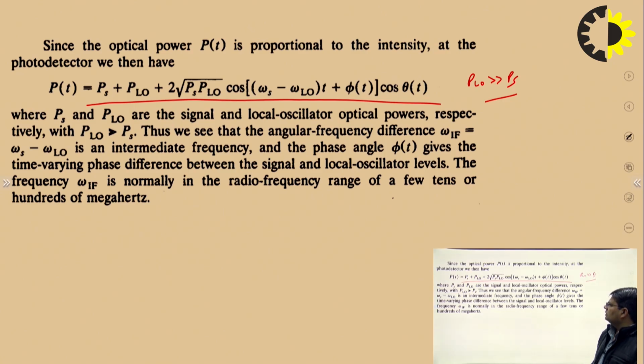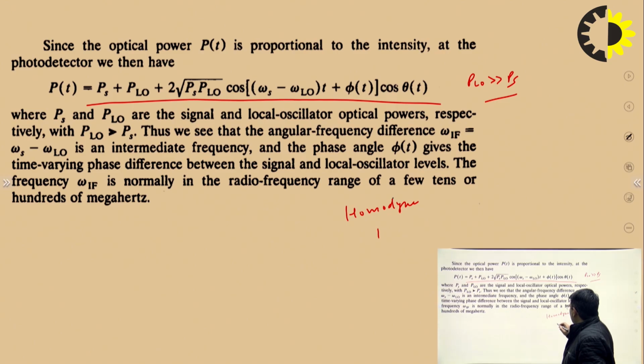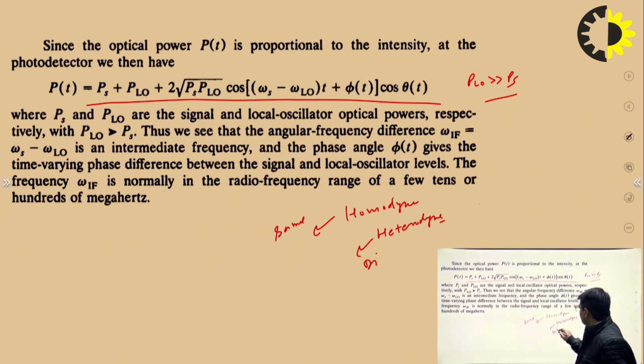Now next, this coherent detection can be of two types. One is homodyne and another is heterodyne. As we know, homo means same and hetero means different.